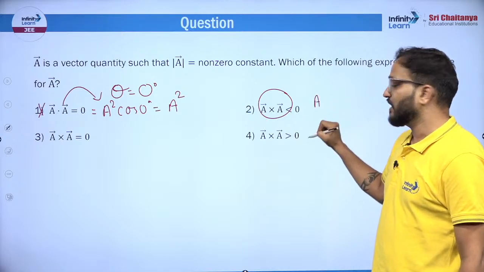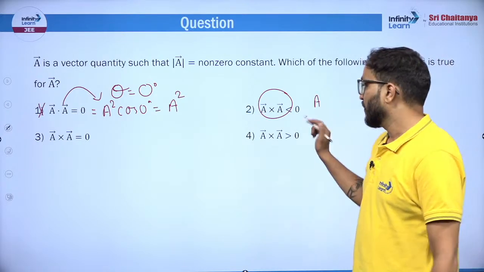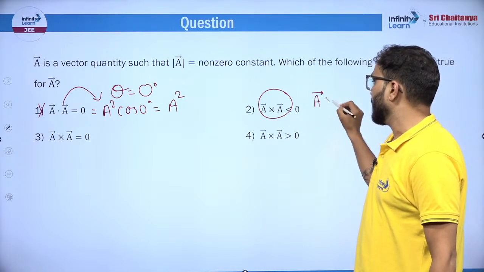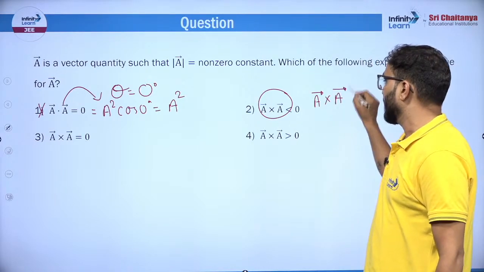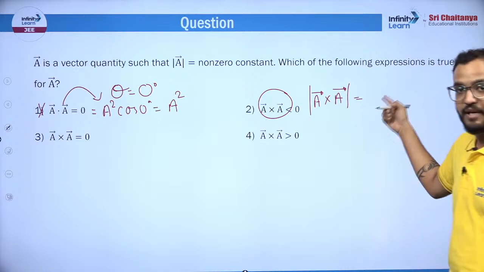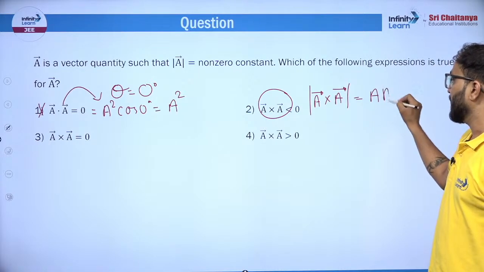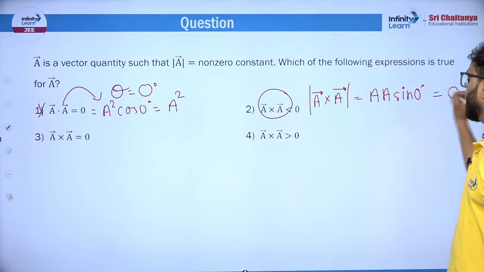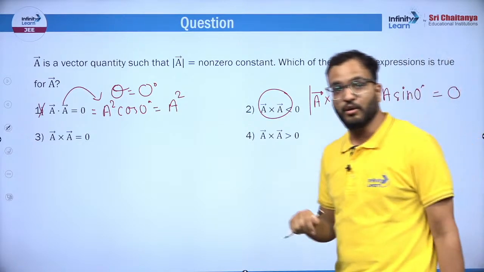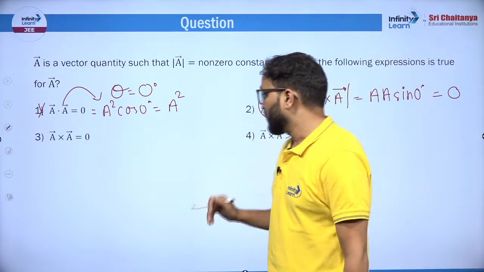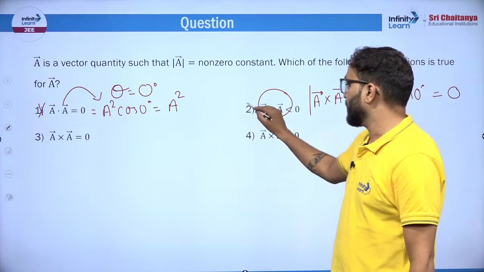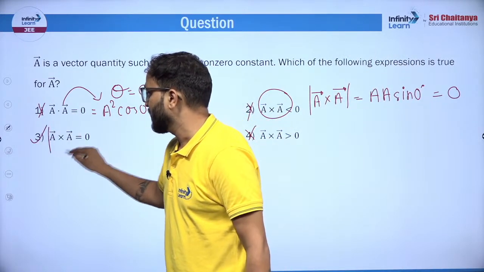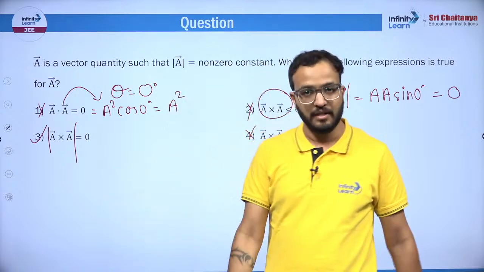Vector a cross vector a is a vector which is perpendicular to both of them. And if I talk about the magnitude of this, it will be a into sine of the angle between them, which is 0 degrees, so it will be 0. So the magnitude of vector a cross vector a will be 0. So this is wrong, and this will be right if we put this around, right?